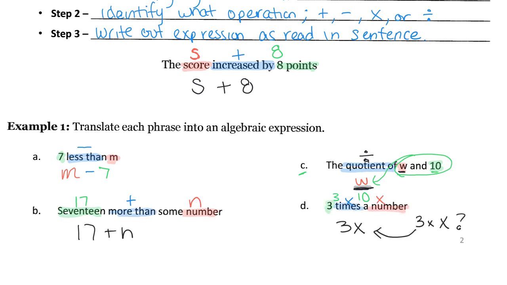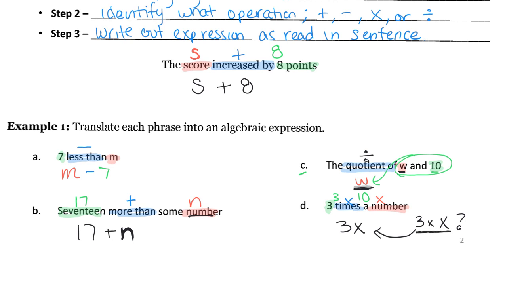All right, so remember, it doesn't matter what variable you use. So in this case, for B, I used n. So I did 17 plus n. For D, I wanted to use x because that's what you'll commonly see. But when we do 3 times x, it might look like this, 3xx.